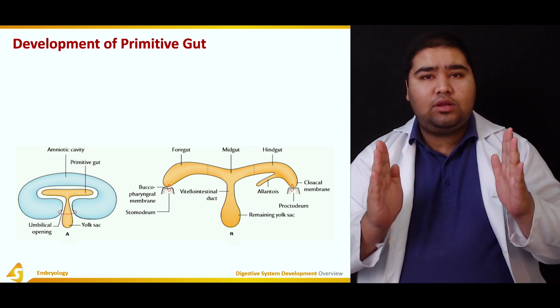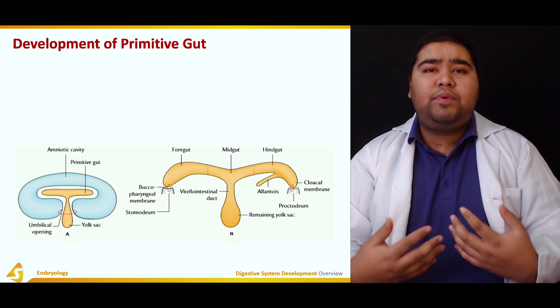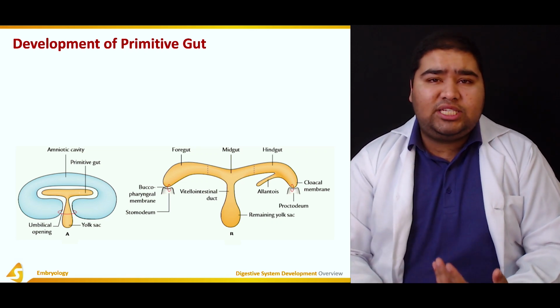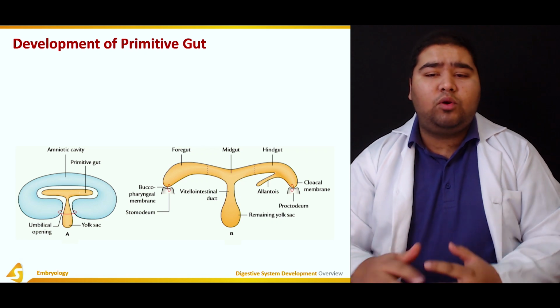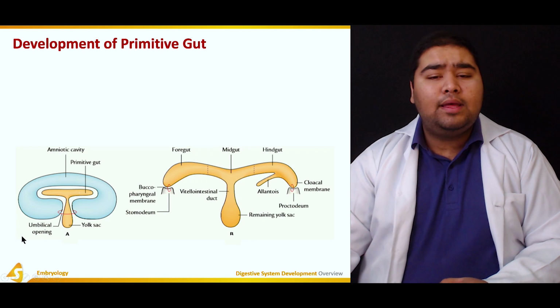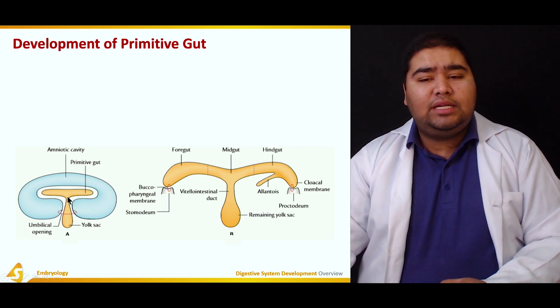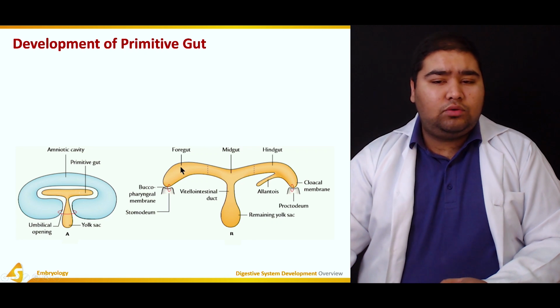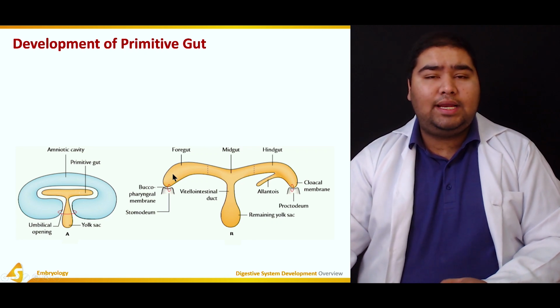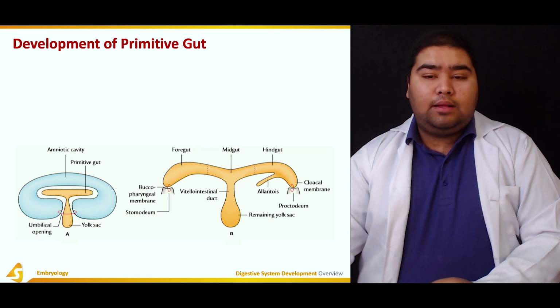Why has it elongated? Because it has absorbed the umbilical primordium or the digestive primordium that was formed within this yolk sac. This is the portion of the yolk sac. When this is absorbed within the primitive gut, it divides the primitive gut into a foregut, a midgut, and a hindgut. Now, how does this division take place?